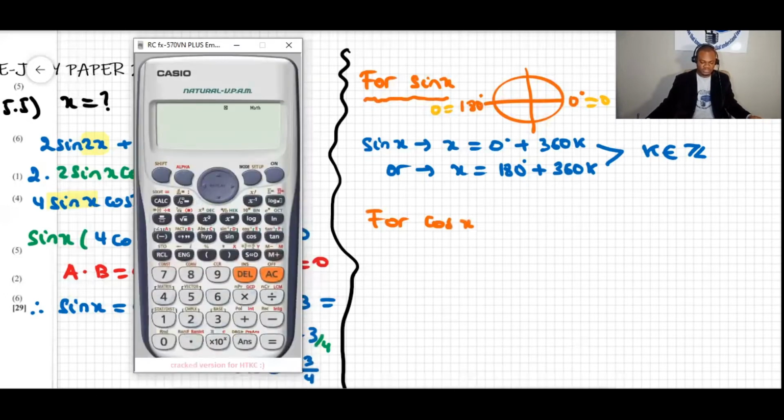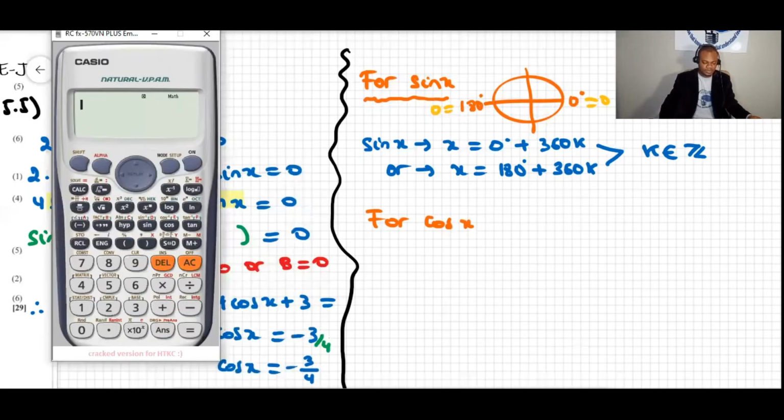let's see in the calculator. I'm gonna press shift cos of -3/4, just the bracket here.